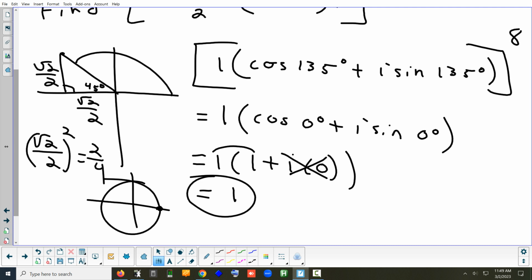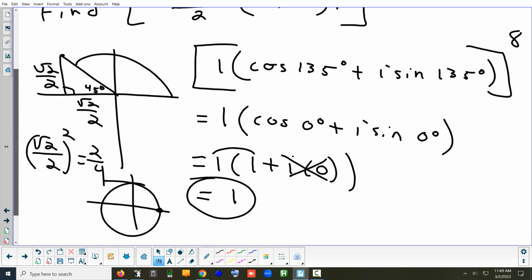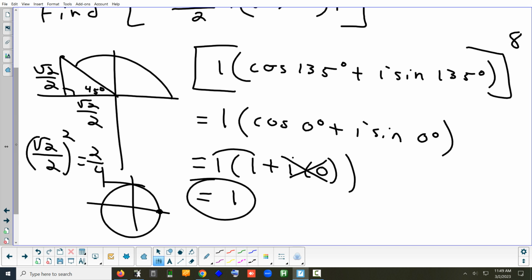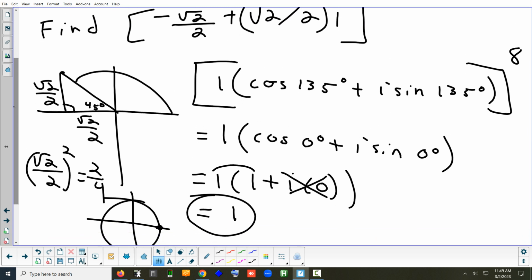So how did I get 1 here? What did we start with, and what was the very first thing we did? We found the radius and the angle.